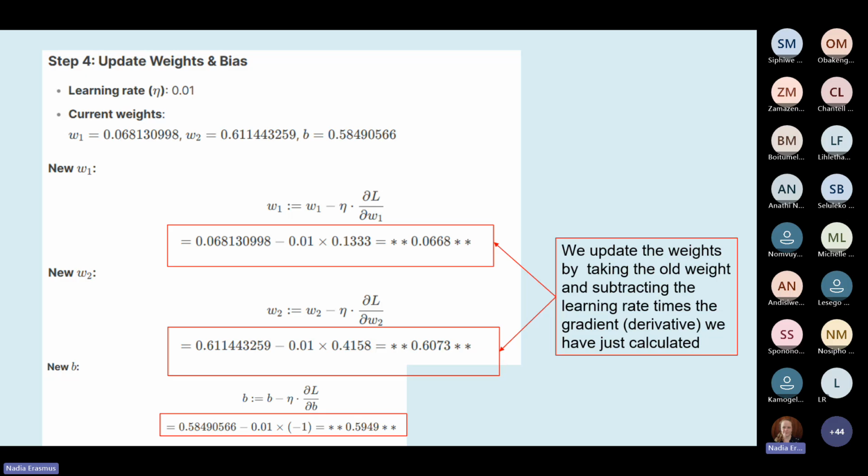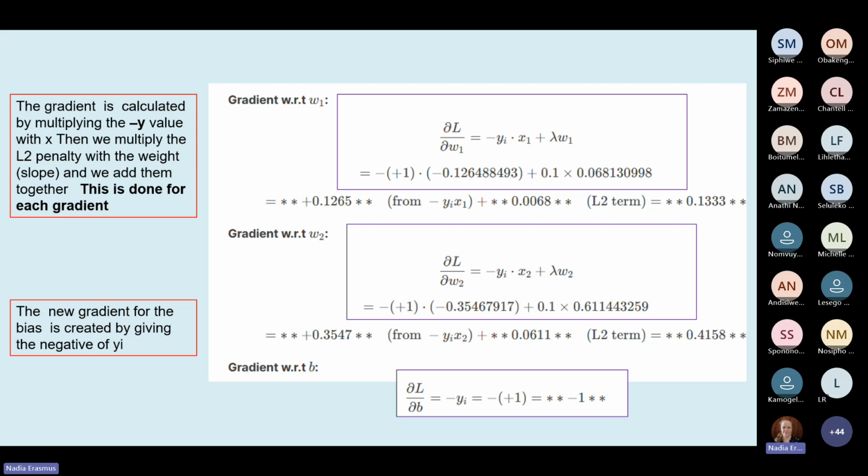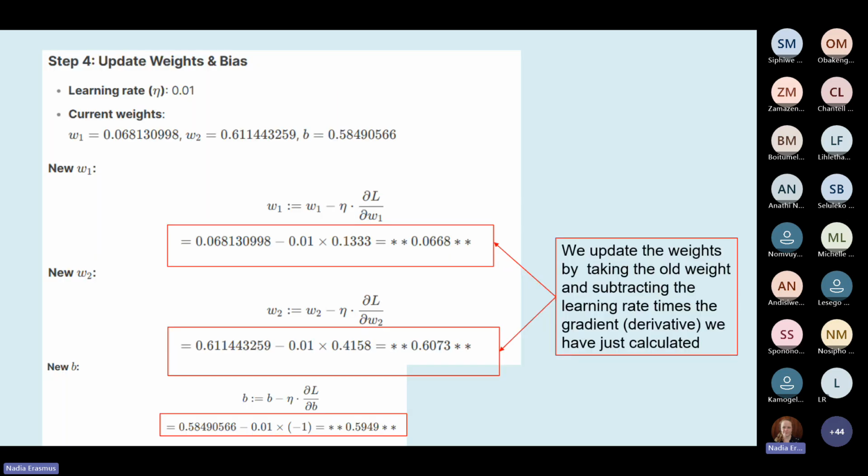So if we look back, the weight is now adjusted with the gradient and the L2 regularization. Now we have new weights, and those weights are then used, and we can recalculate to see if it actually helps to adjust the variance. And if it does not, we can recalculate it again.